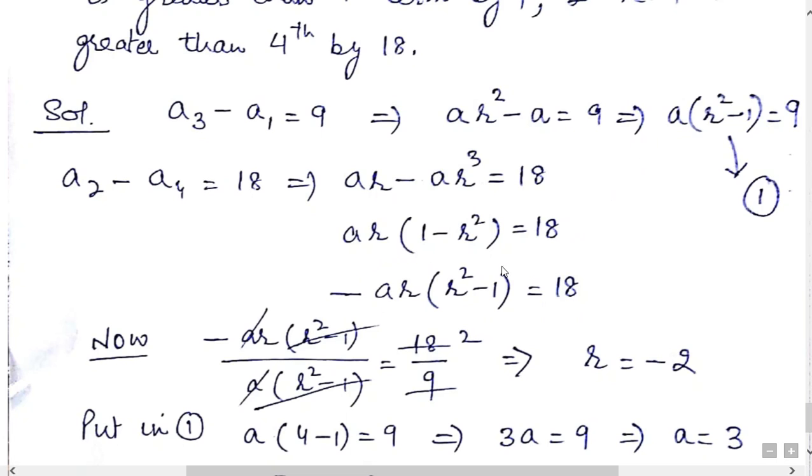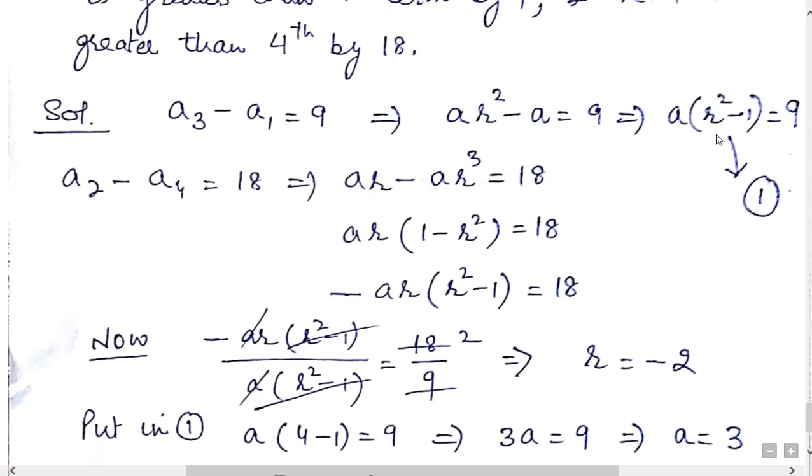Because I have to cancel by dividing these terms. Minus ar into r square minus 1 divided by a into r square minus 1 is 18 divided by 9. Now cancel the terms. You can obtain r is equal to minus 2.